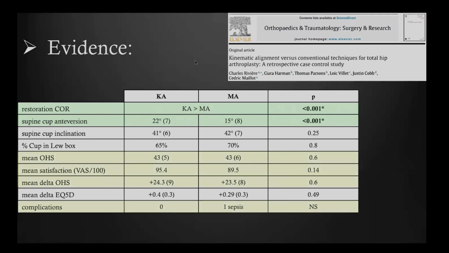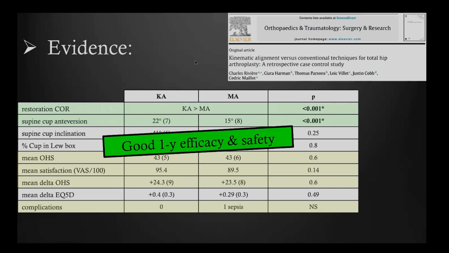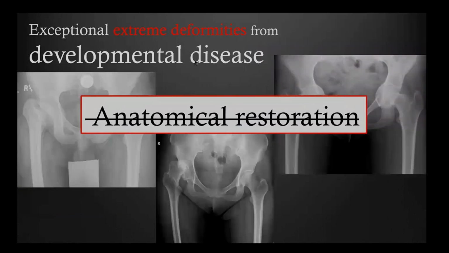Functional and satisfaction scores were higher in the kinematic group, but the difference was not large enough to be statistically significant. We didn't have any aseptic complication in either group. Our conclusion was that at early term, kinematic hip showed to be safe and with good efficacy.